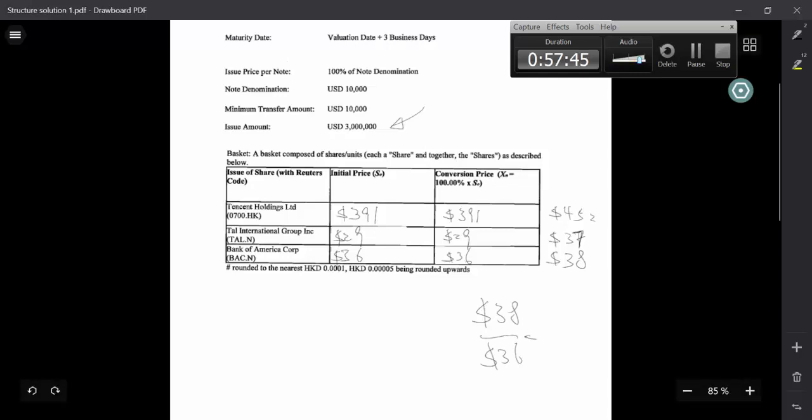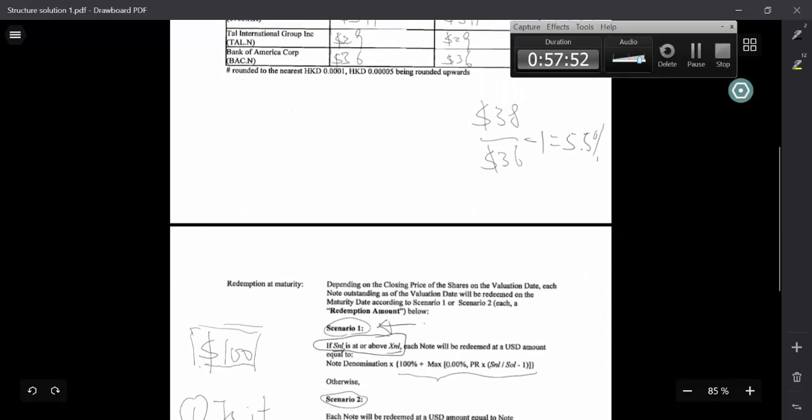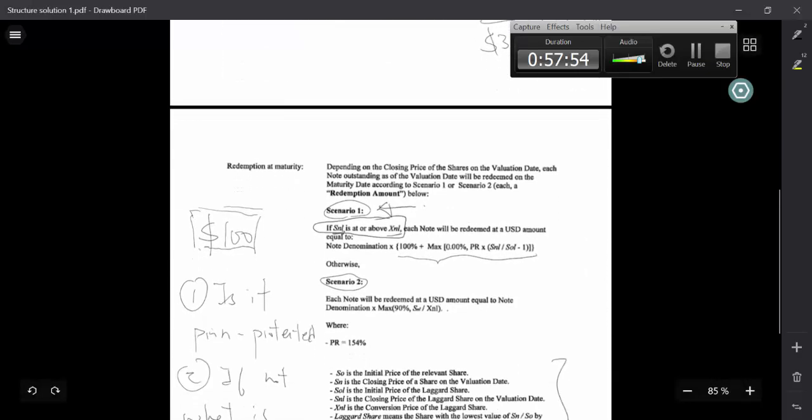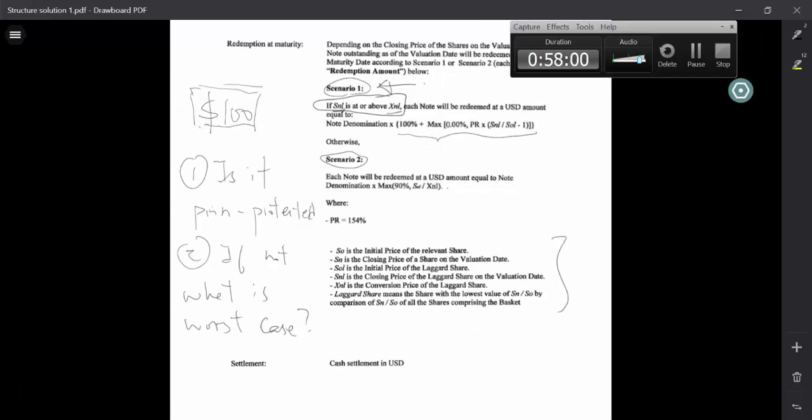Of course, you got to minus 1. So 5.5%. That, ladies and gentlemen, becomes your payoff. So what you're going to get back is $100 times 5.5%.